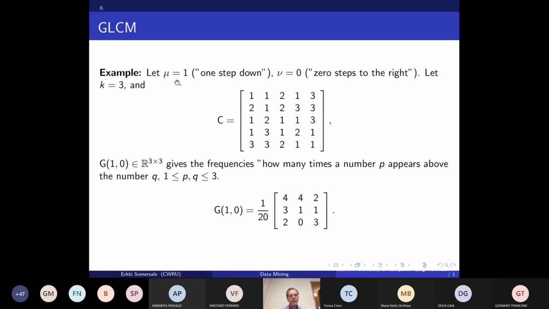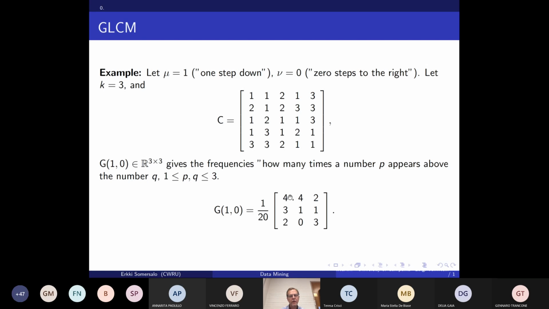So mu is my offset when I'm moving down by 1 pixel, and nu is the offset moving to the right. And so when I say nu equals 0, there is no offset in the horizontal direction, but there is an offset of 1 in the vertical direction. And then I start to count how many times I have different pairs of gray levels in this picture.